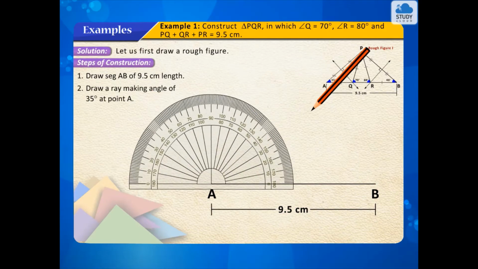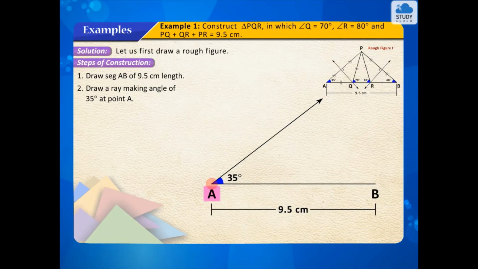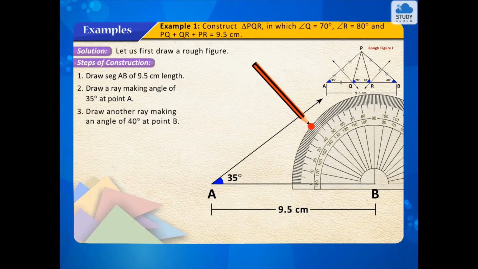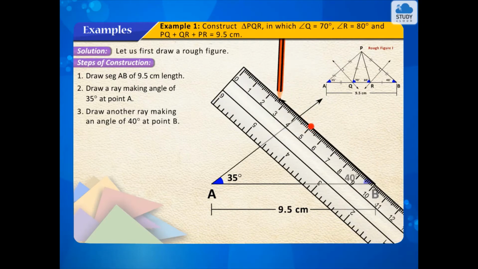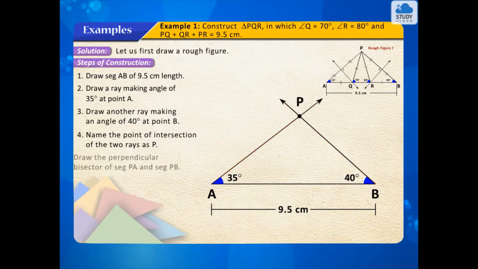2. Draw a ray making an angle of 35 degrees at point A. 3. Draw another ray making an angle of 40 degrees at point B. 4. Name the point of intersection of the two rays as P. 5.